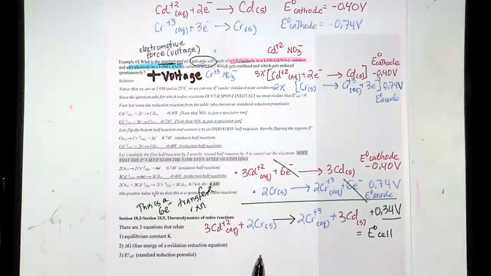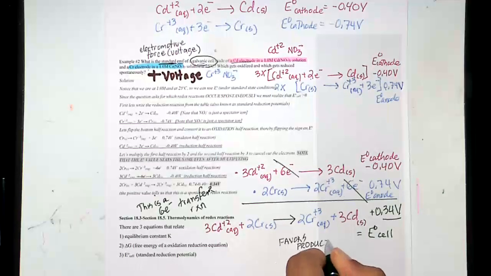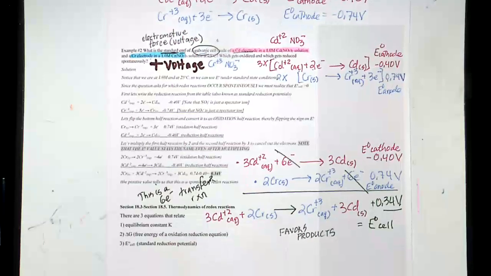So this positive 0.34 volts means it favors the products, right? Positive means this favors the products. And it means it's spontaneous, so on and so forth, okay?